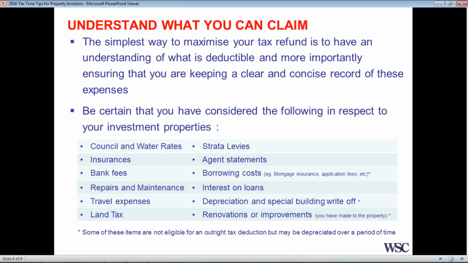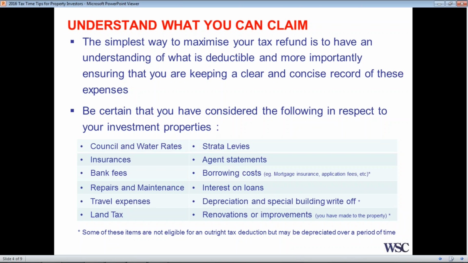Remember, there are many cases, and some of those cases involve record keeping, where the ATO has actually been successful against the taxpayer, particularly where there was poor record keeping. So we always advise our clients, at any time, to start keeping clear and concise records, because that certainly assists you with your claiming of deductions.